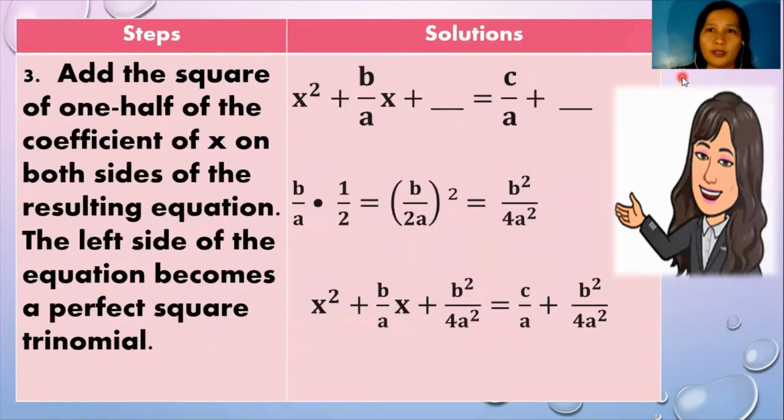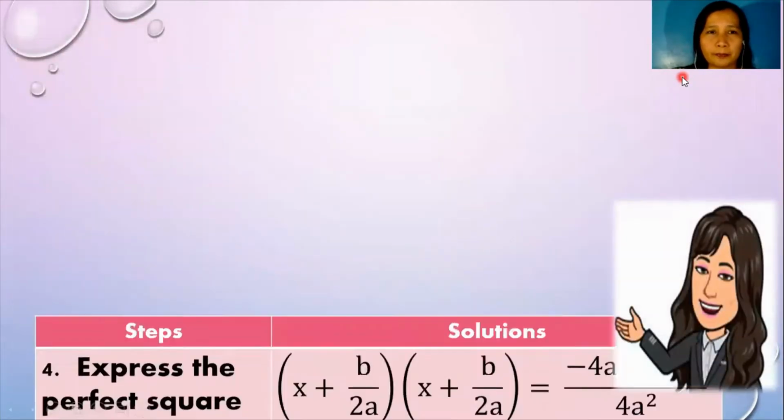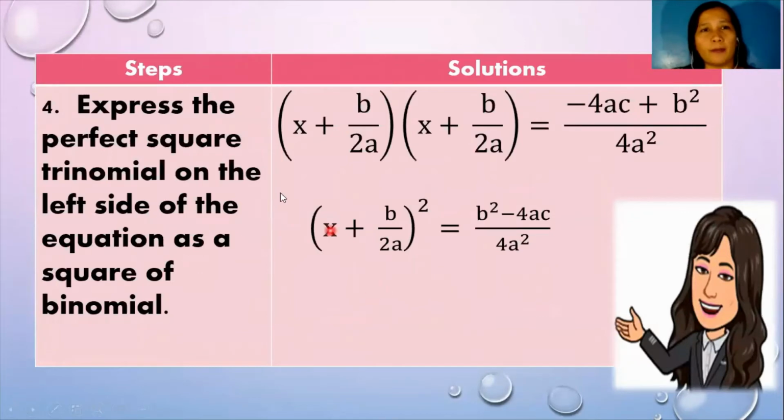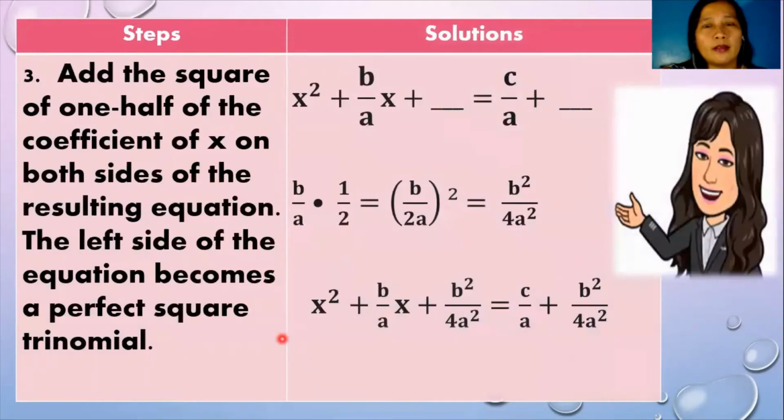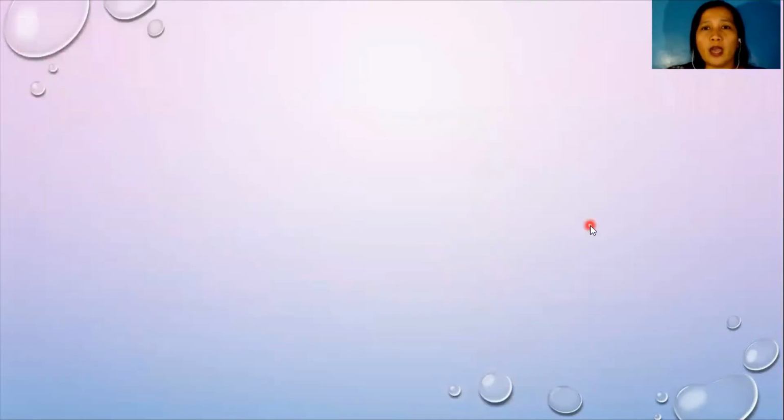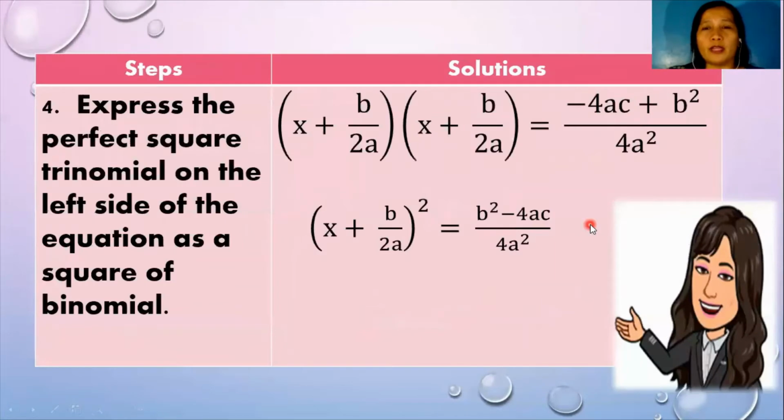Okay, and after that, step 4. Express the perfect square trinomial on the left side of the equation as the square of a binomial. So look at the left side. This is already a perfect square trinomial. So we will express this as the square of a binomial. So let us factor.